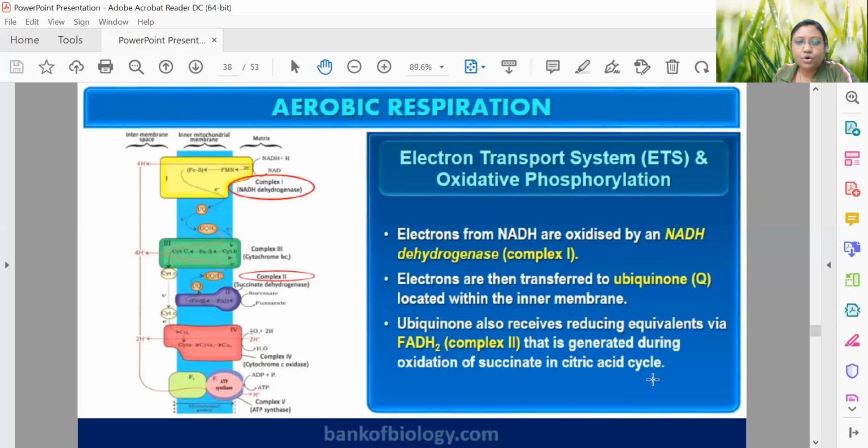I will first share with you the diagram that is described in your textbook. So we can definitely study from it, but I wish to draw a simple diagram which will help you to understand it better, and we can definitely do that. I will draw, this is the outer membrane.